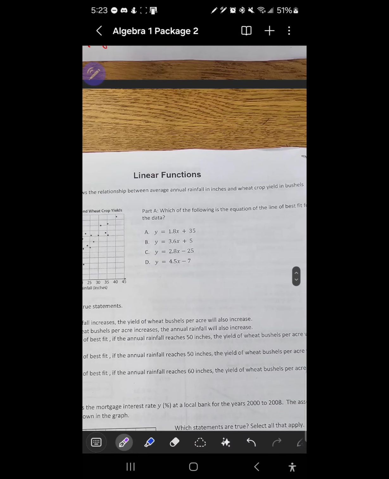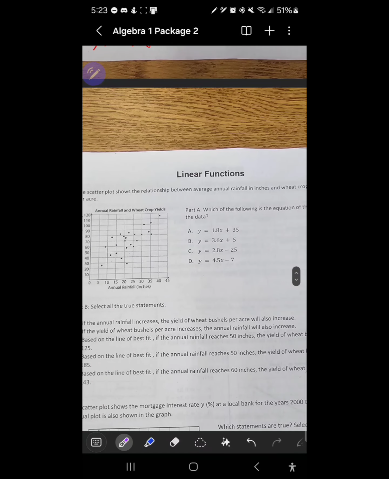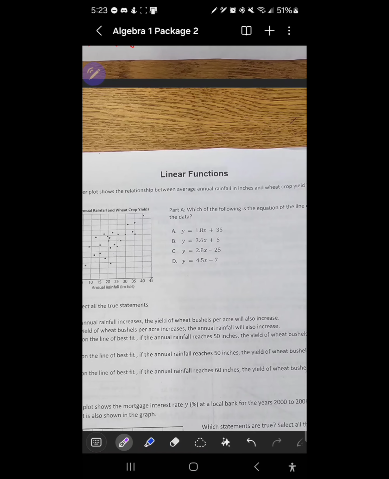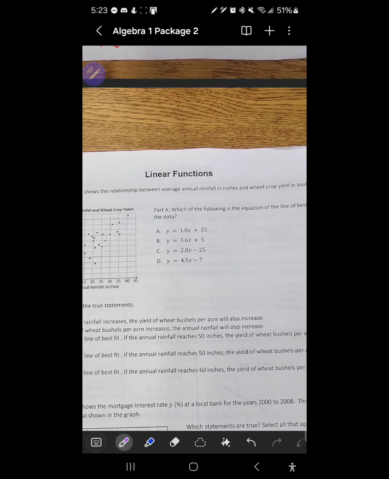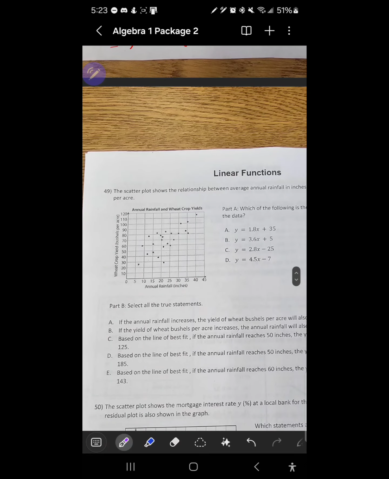49. The scatterplot shows the relationship between average rainfall in inches and wheat crop yields in bushels per acre. I'm sorry, I don't know how to pronounce that word. Part A, which of the following is the equation for the line of best fit for the data?